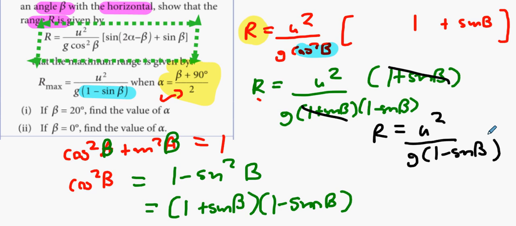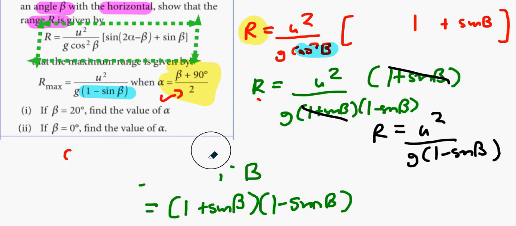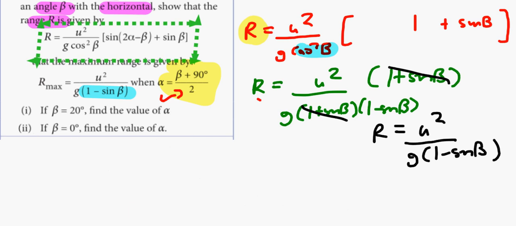No bother. And I take it this is for a maximum range. Alright. So, the next part's really easy. All you need to do is put in 20 up here. So 20 plus 90 divided by 2. 55 degrees, yeah.